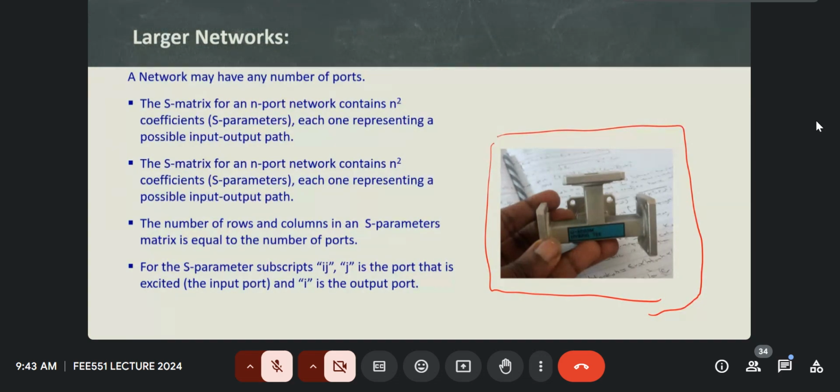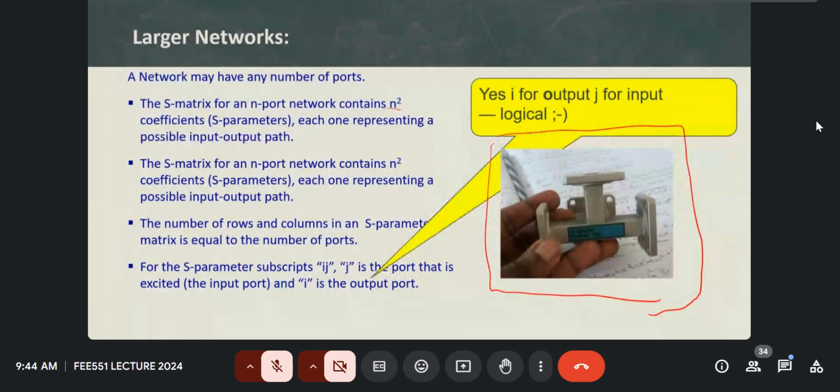You can have three-port, four-port, but now the S matrix will be defined by n squared. You can use these subscripts i and j, where j is the port that is excited and i is the output port, just as Abel had said. So i is for output, j for input.